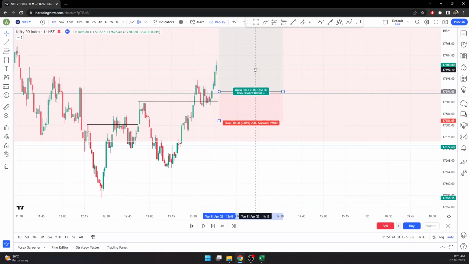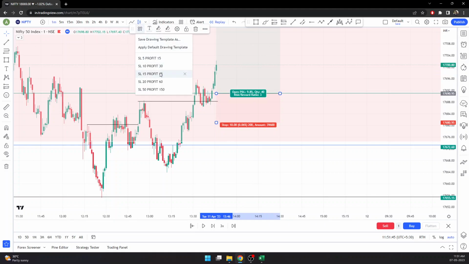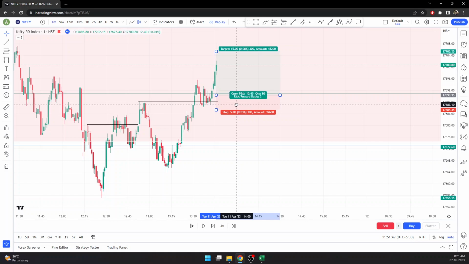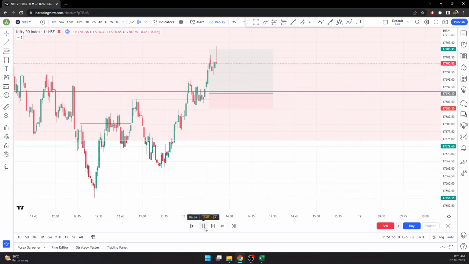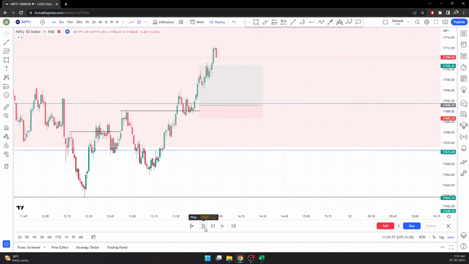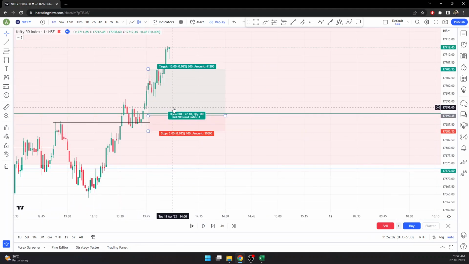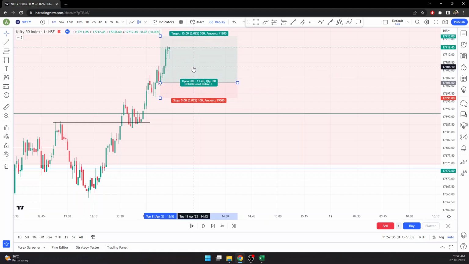So let me move my entry to somewhere here. My stop loss, let me keep the stop loss very minimal. So let's see if the market comes back here. No. So sometimes the market doesn't give you the entry, but it always goes and goes.